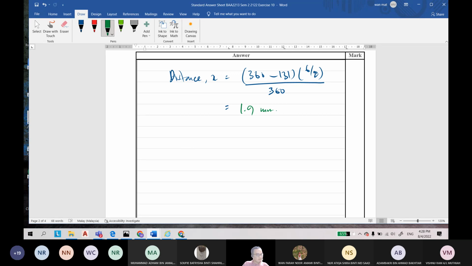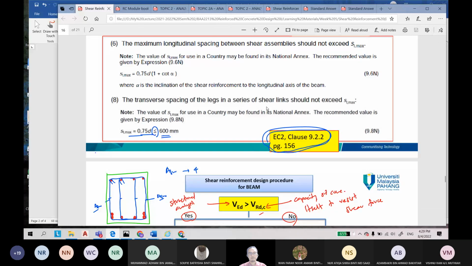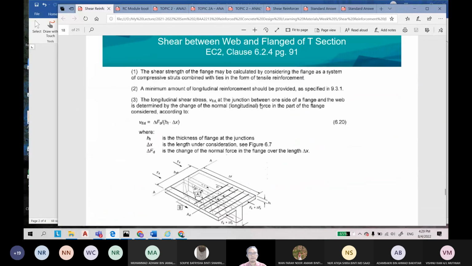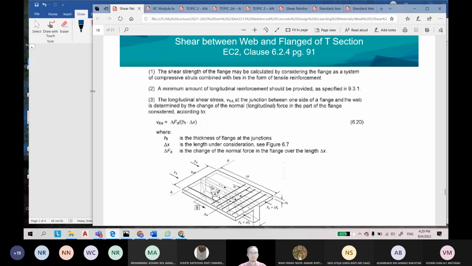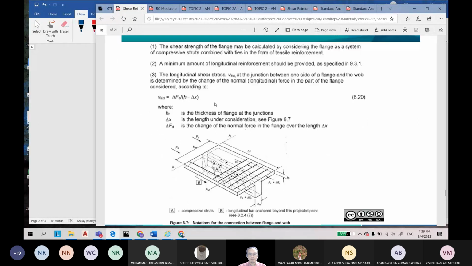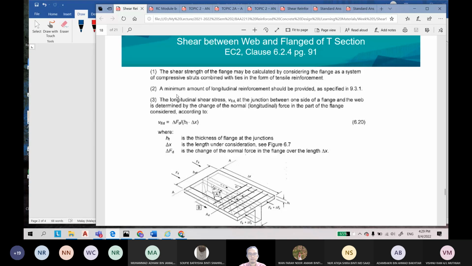However, in this case, if we consider the flange, we must provide the transverse steel in the flange. Let's see this clause. You can refer to these notes, slide number 18. Longitudinal reinforcement should be provided as you see.